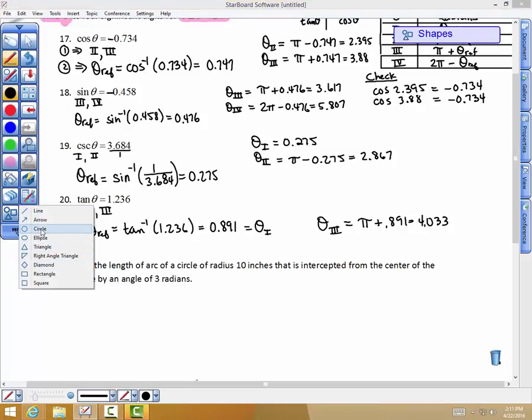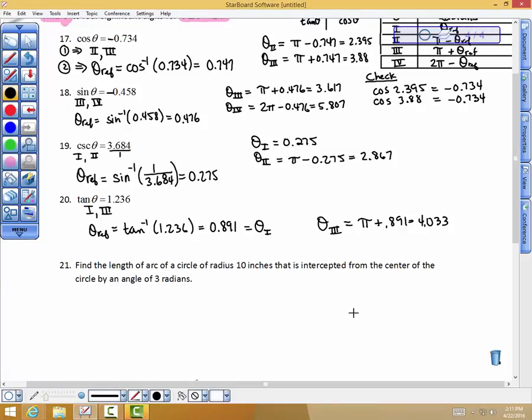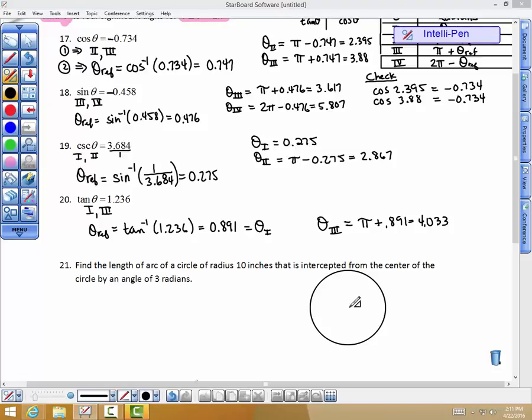So let's go ahead and draw any old circle. So here we go. And I'm going to draw its radius. And now, along that circumference of the circle, I'm going to lay 3 radiuses off here. So there's 1, there's 2, and there's 3.